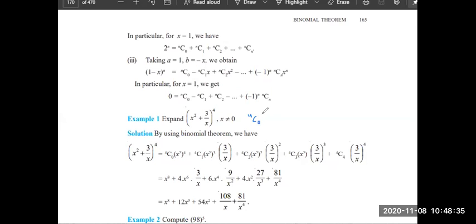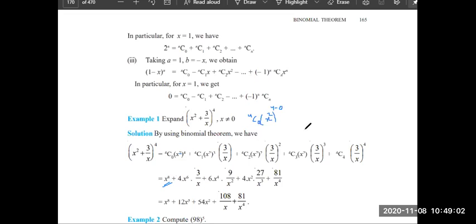Now a is x square to the power n minus r, 4 minus 0. Got it? Yes or no? Into b to the power 0, which is 3 by x to the power 0, so I'll not write it. So the first term is 4c0 x to the power 2 into 4, 8.